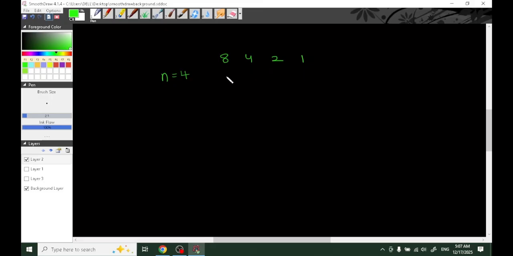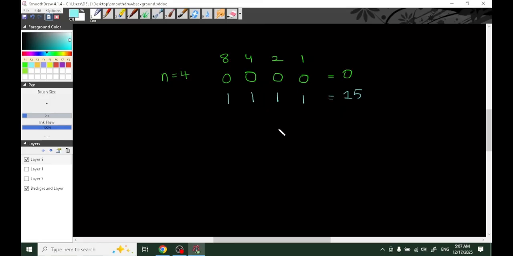We have 4 positions, so this is 0, this is 0, this is 0, this is 0. The decimal equivalent is 0, the smallest number possible. And what is the biggest number possible? The biggest number possible is 1, 1, 1, 1, all ones. When all are ones, the maximum value possible is 15.